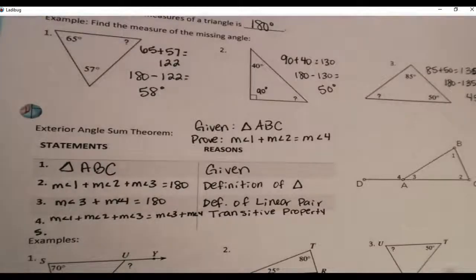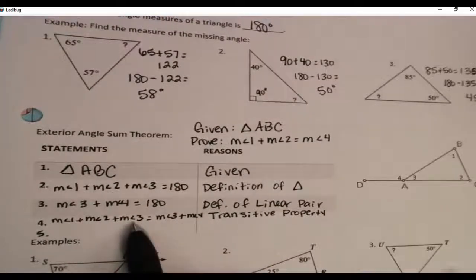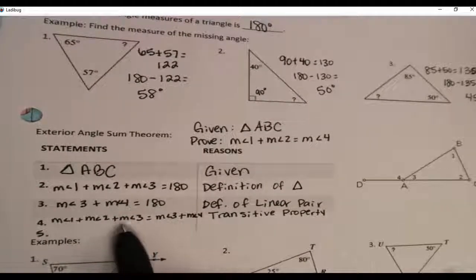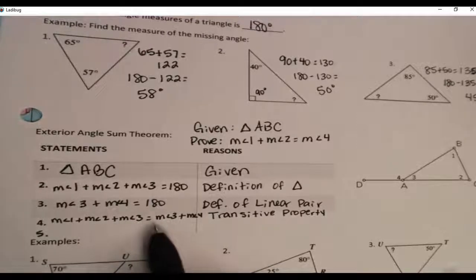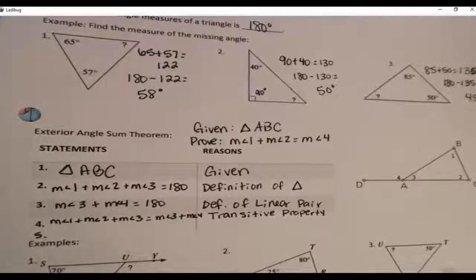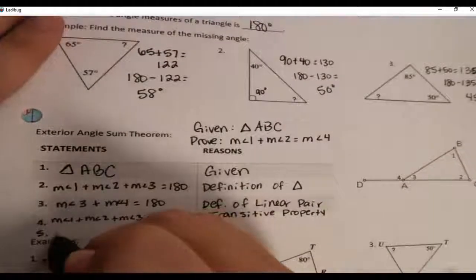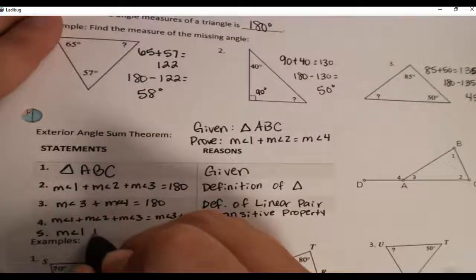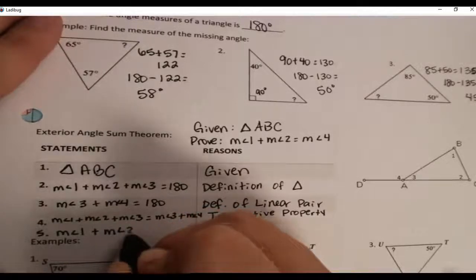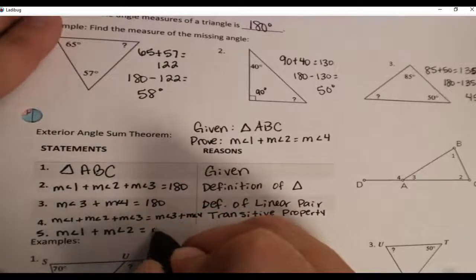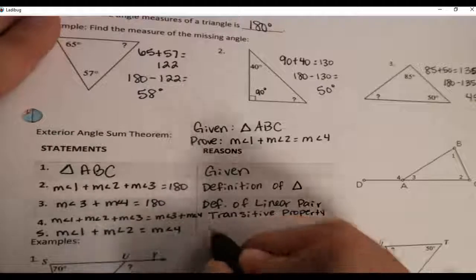Well, if I'm looking at this, I'm trying to say that 1 and 2 equals 4. But I still have these 3's here. Well, what would happen if I subtracted the measure of angle 3 from here and subtracted the measure of angle 3 from there? They would both cancel out. So then I could say the measure of angle 1 plus the measure of angle 2 equals the measure of angle 4.